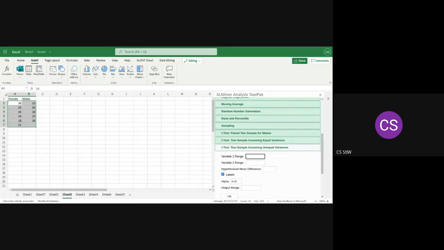So the range is from A2 up to A7, sorry, A7, okay. And the second one is from B2 up to B6.